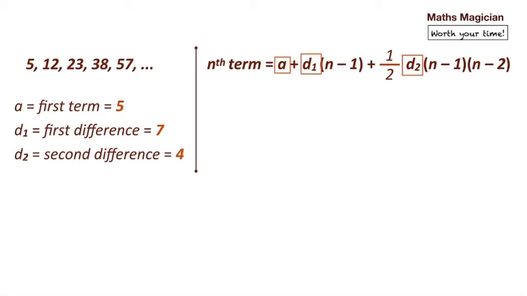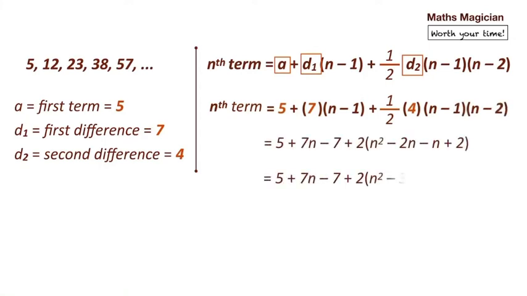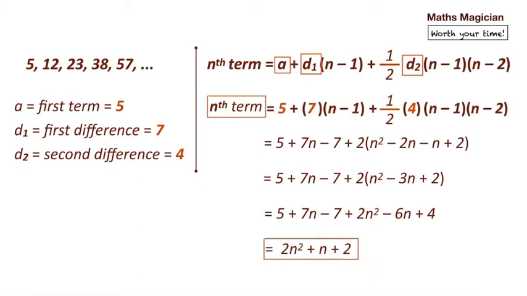Now putting these values, nth term is equal to, now simplifying step by step, we get nth term is equal to 2n square plus n plus 2. We can see here that the nth term is a quadratic equation, and this is why this sequence is named quadratic sequence. Now let's check if we calculated the nth term correctly.